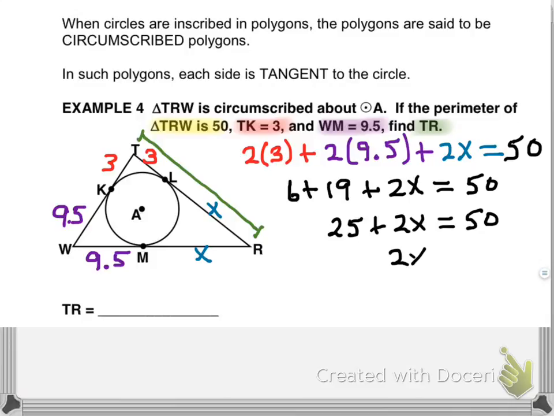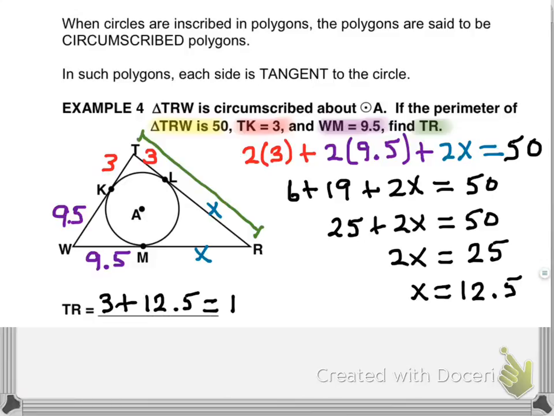Then subtract 25 from both sides, so 2x equals 25, and divide by 2, so x is equal to 12.5. We'll add to that 3 to find the length of TR. So 3 plus 12.5 equals 15.5, and we solve the problem.